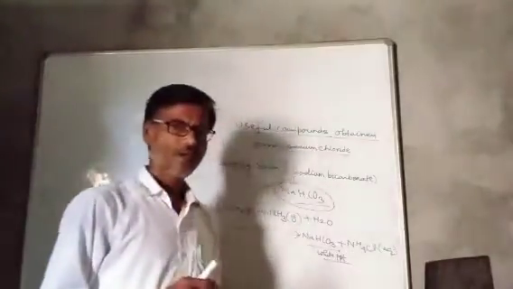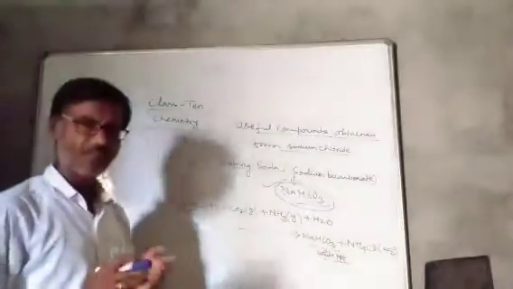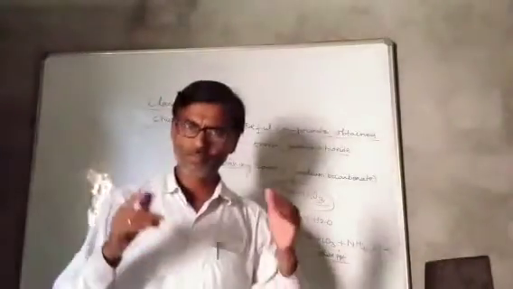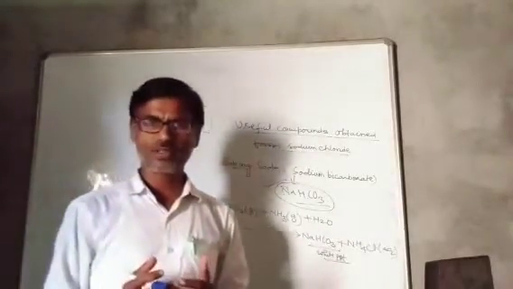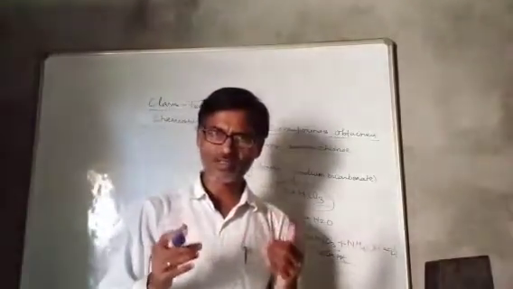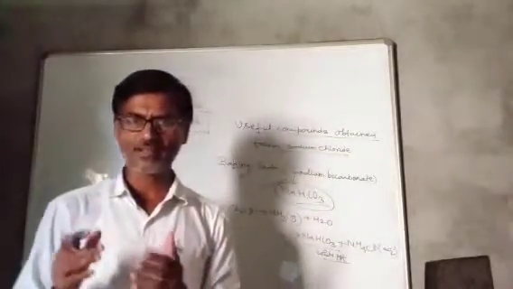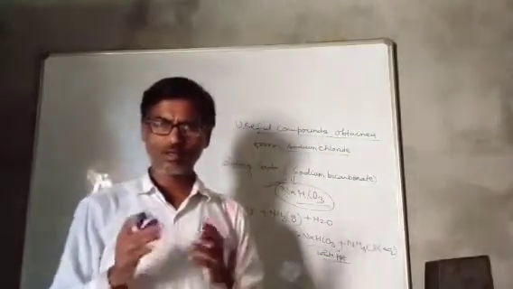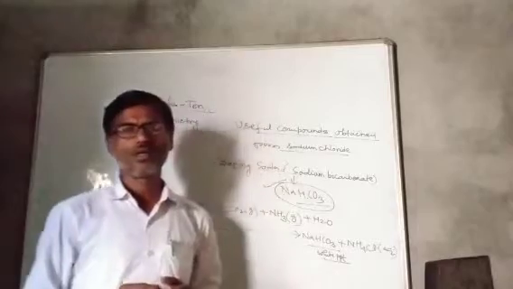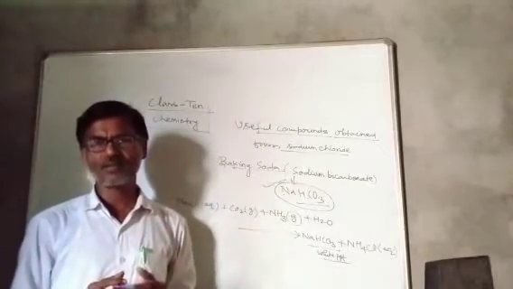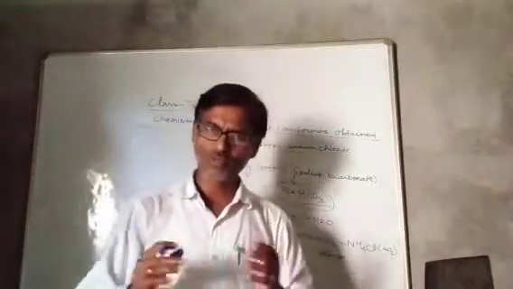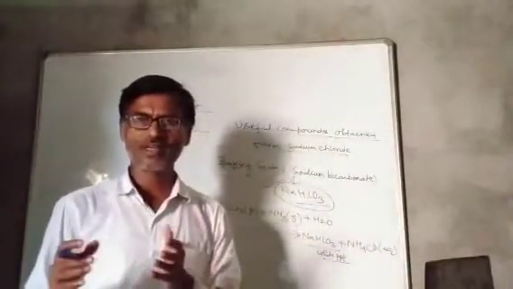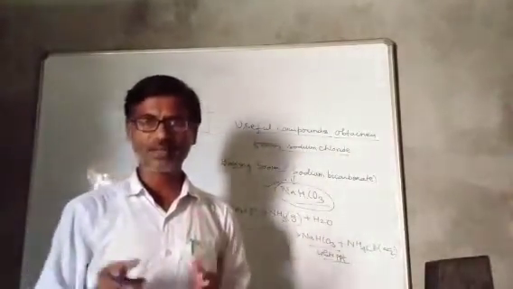Now let's see the preparation of baking soda. How is it prepared? In the preparation of baking soda, a cold concentrated solution of sodium chloride, also called brine solution, is used as the starting raw material.